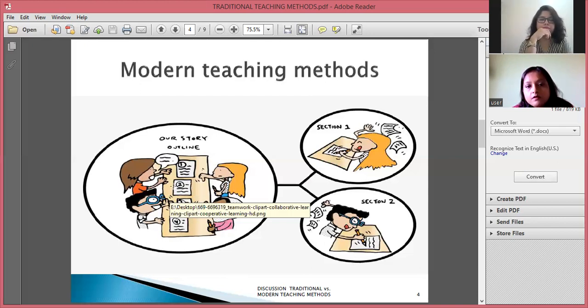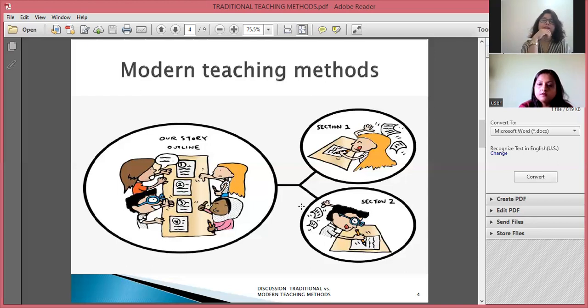The teacher gives them some topic to discuss. This is called collaborative learning. We also call it group study or group learning.